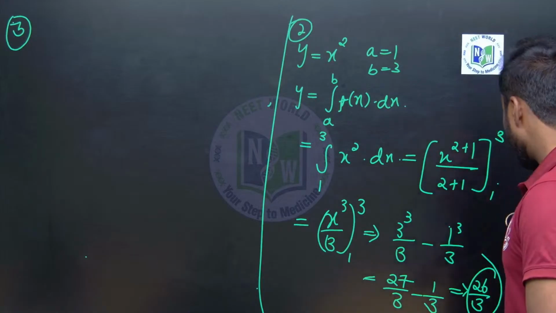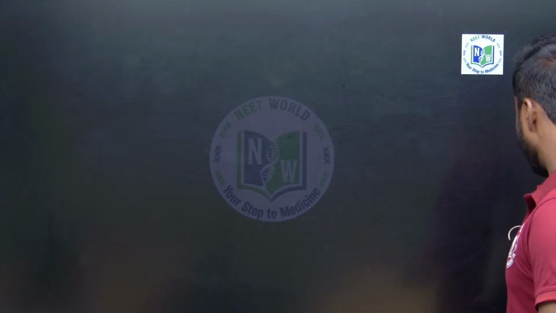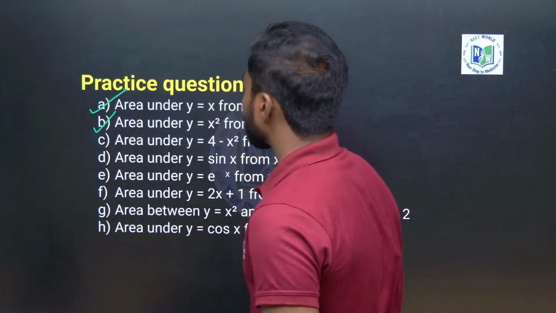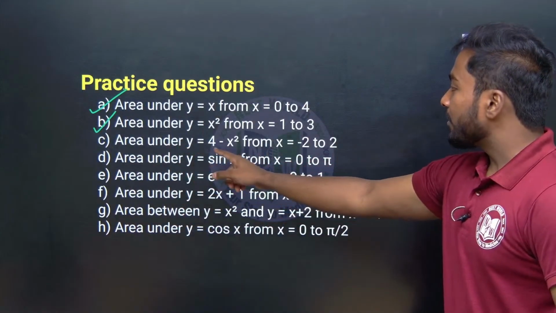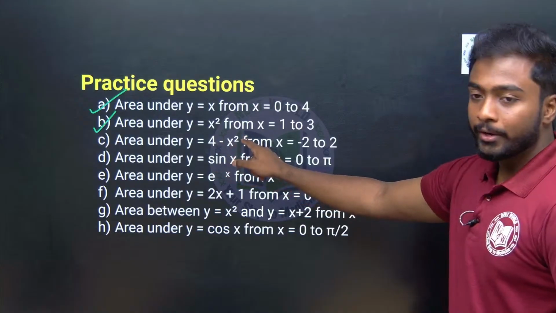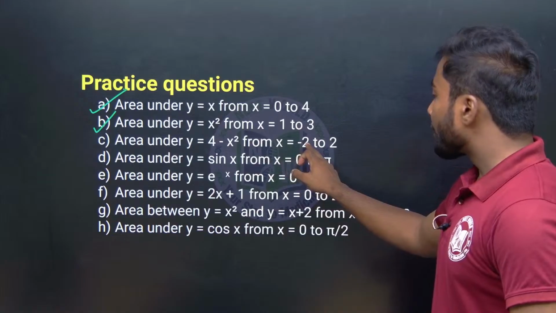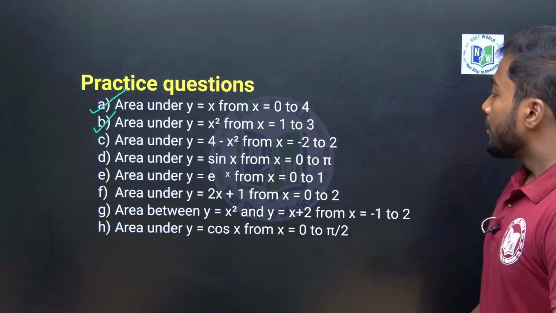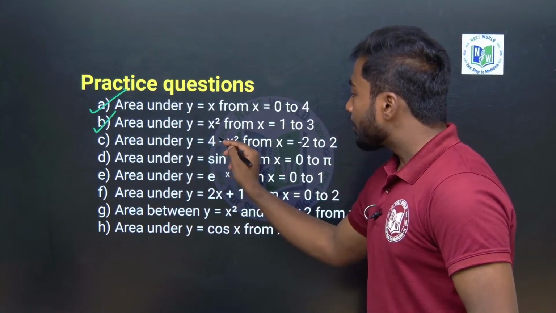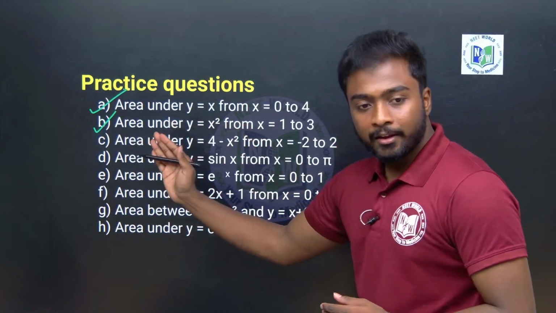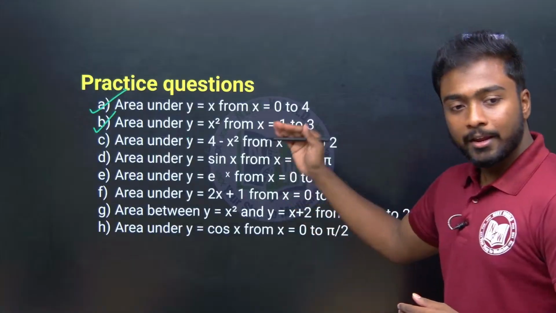Okay, I will display the third question. Second question has been completed. Third question, area under y is equal to 4 minus x square from x is equal to minus 2 to 2. I will give a hint for this: take 4 separately integrated, take x square separately integrated.